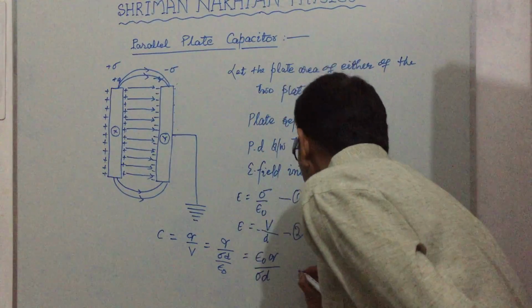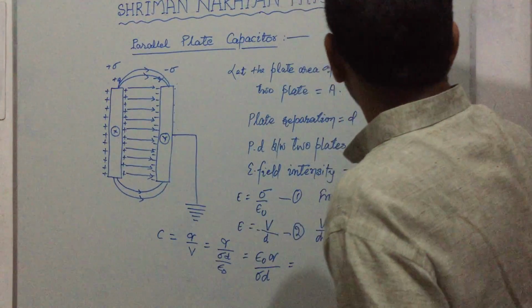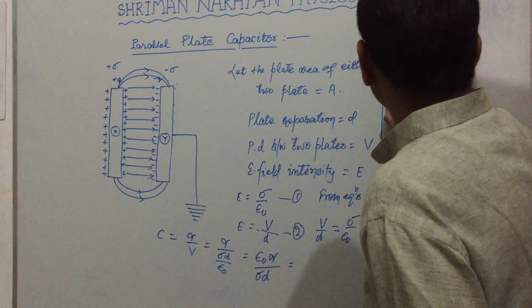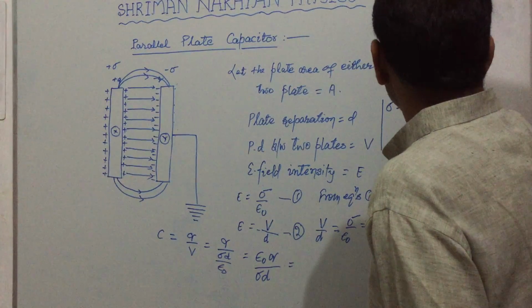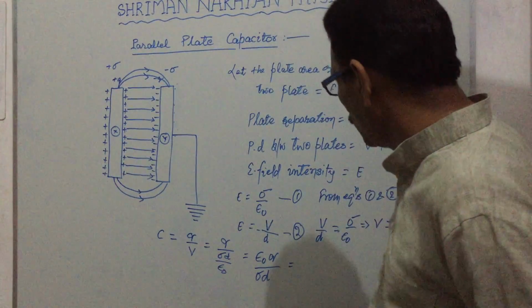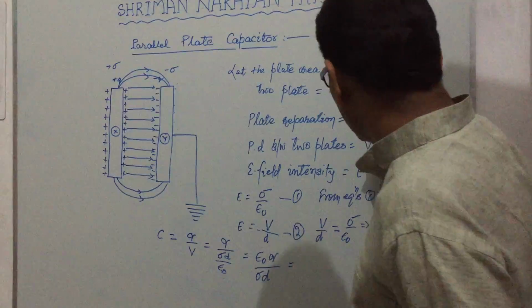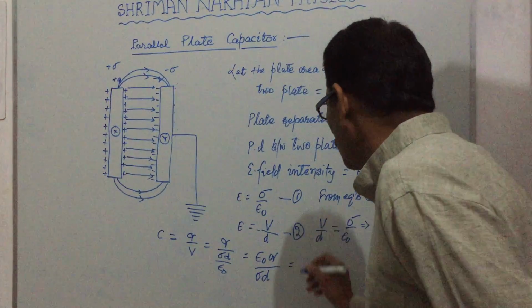You know very well, sigma is equal to charge per unit area. The charge is Q and area is A. So we can write sigma is equal to Q by A. So let us put the value of sigma equals Q by A in this very relation. What do you get?